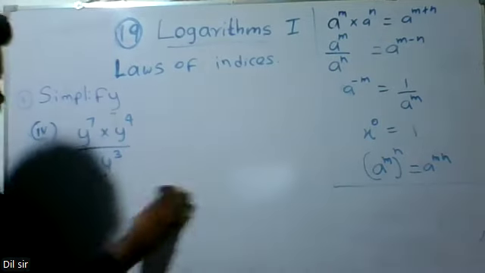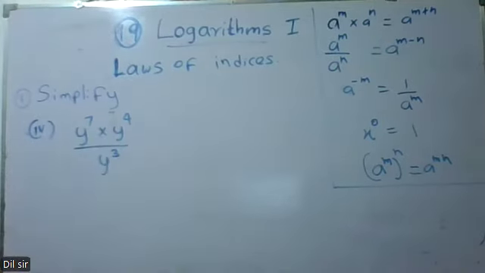Do the fourth one: y to the power 7 times y to the power 4 divided by y to the power 3.